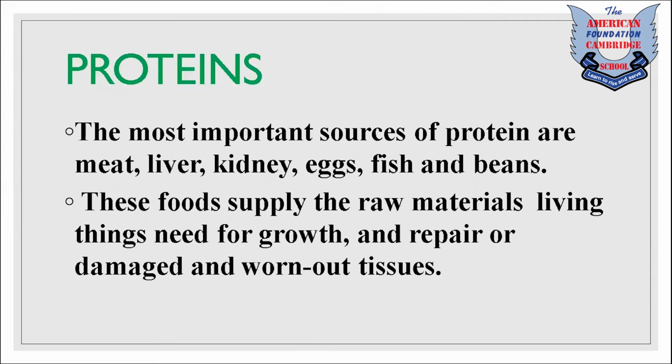As we have studied in earlier lectures, proteins are the building blocks of your body. They build your muscles, your tissues, and they also have a role in the defense mechanism of your body. They also replace your damaged tissues, so these are very important.